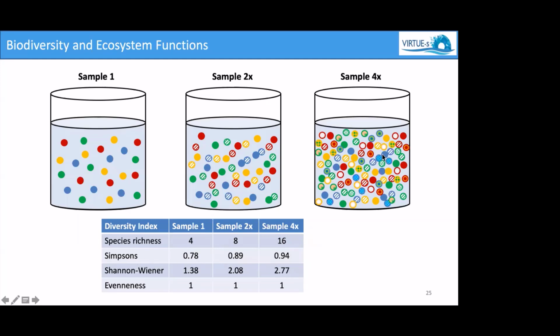And the uncertainty about what I will be predicting is also higher. Then I have another hypothetical sample here with 8 times more than the original. So we can see here that the Simpson's and the Shannon-Wiener index are increasing. So what is the problem here?